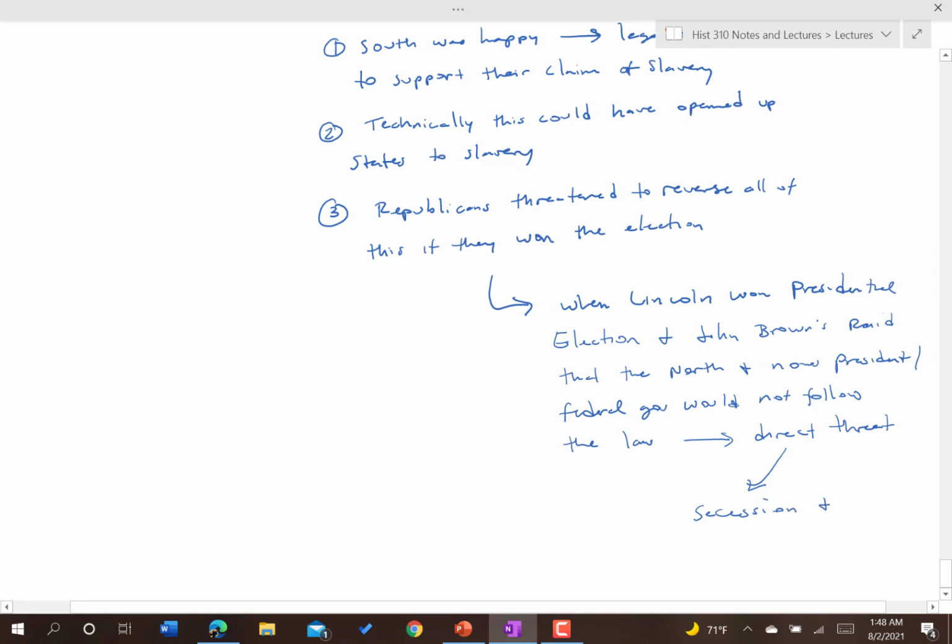So while we still have, of course, the election of Lincoln and John Brown's raid that we're going to talk about next time, which also lead to the decision for secession, this event and the reaction of the Republicans and what the South saw as a legal win, but then watched as the North basically dismissed it, directly influenced their decision to secede. So it was a huge deal.